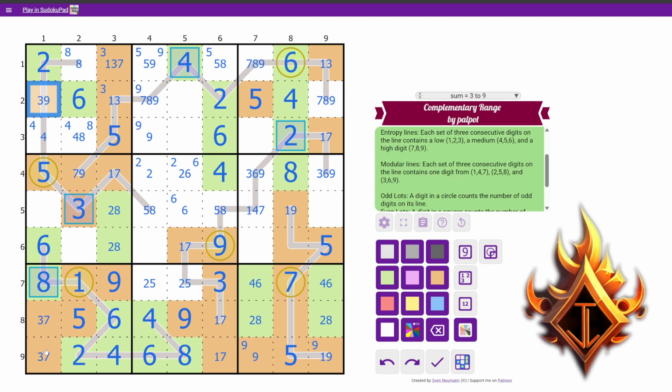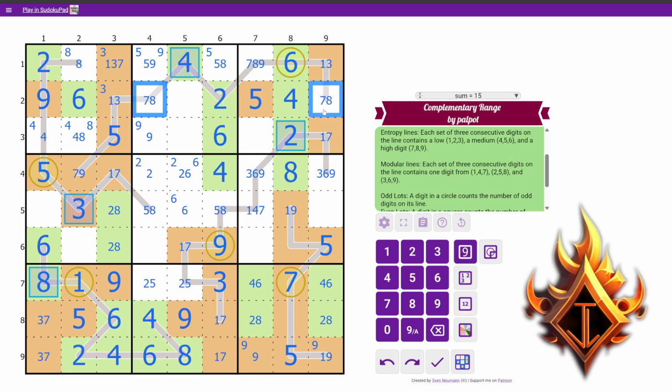There we go. This is now the number not 3. This is making a 7, 8. So this will be our fourth even in one of those spots.